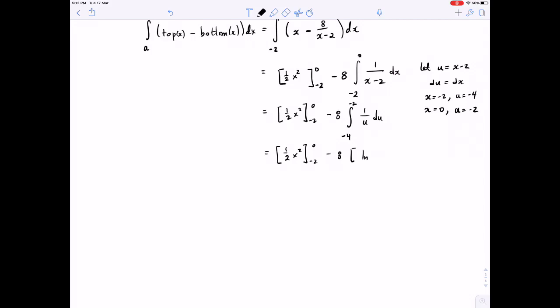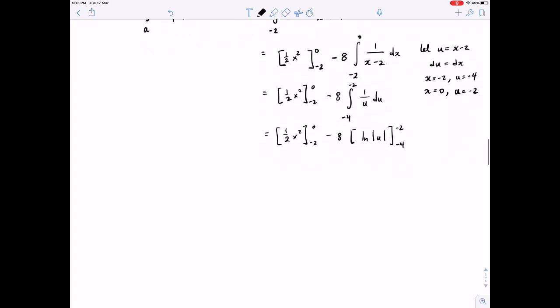So we know that's going to give us the ln of the absolute value of u, evaluated from minus 4 to minus 2, and now we can run through using FTC2, do the top value minus the bottom value.